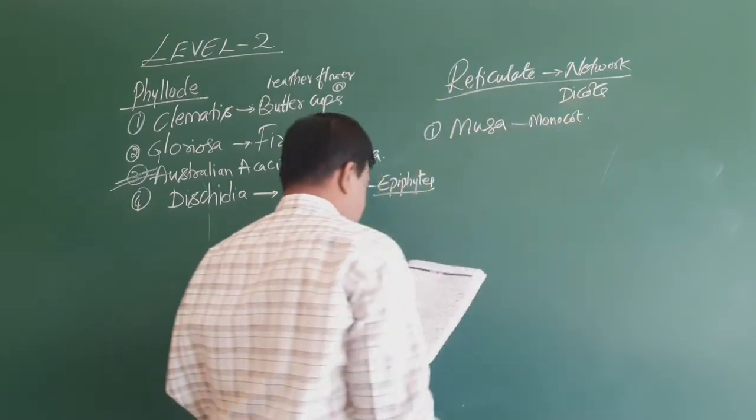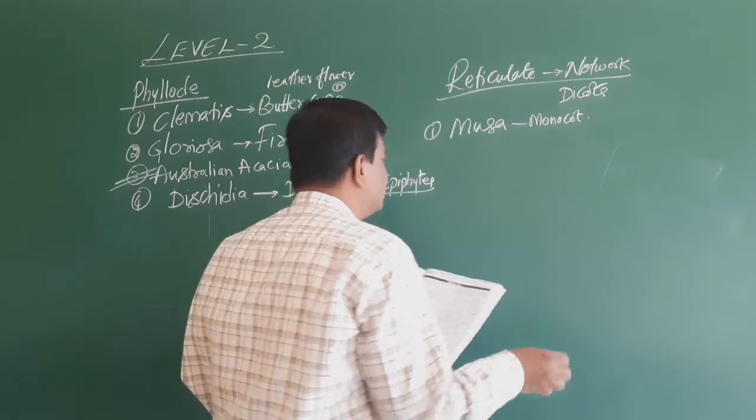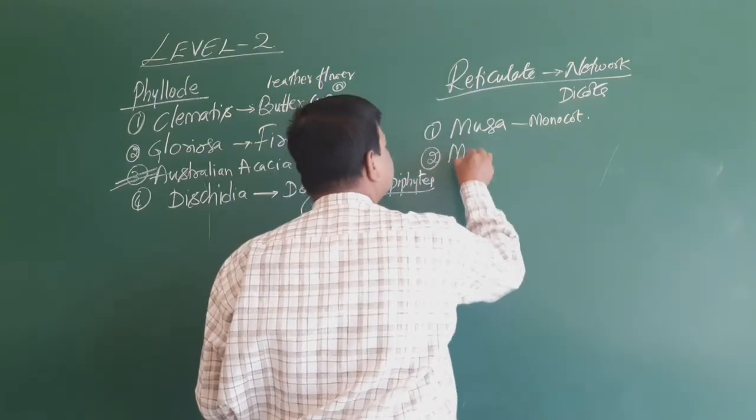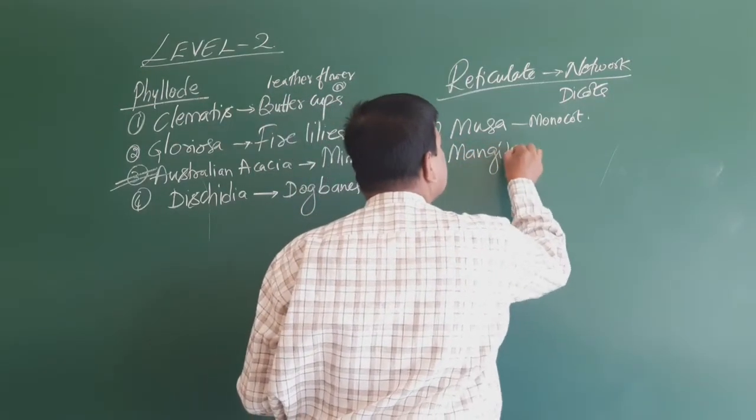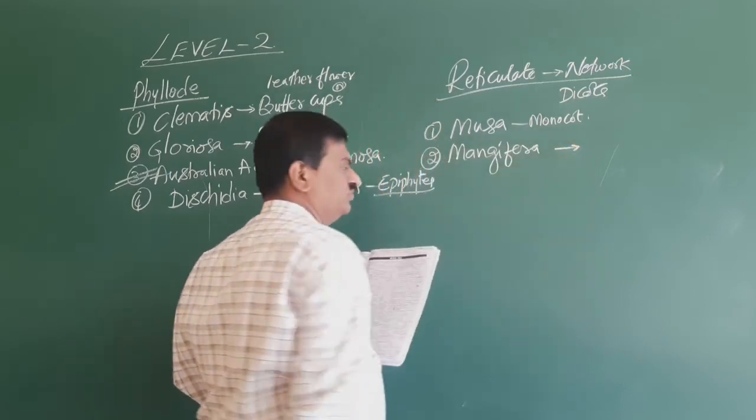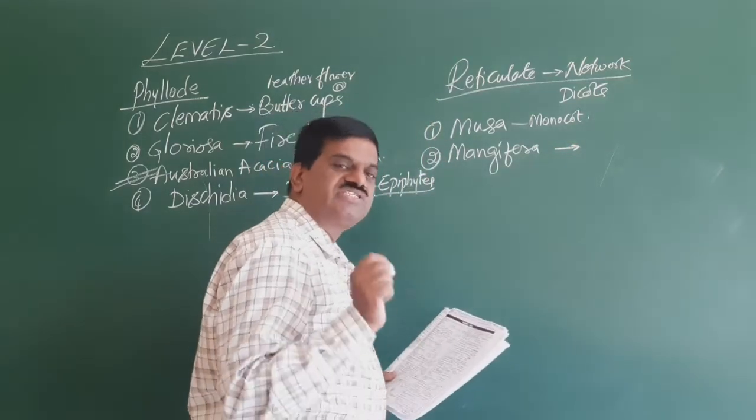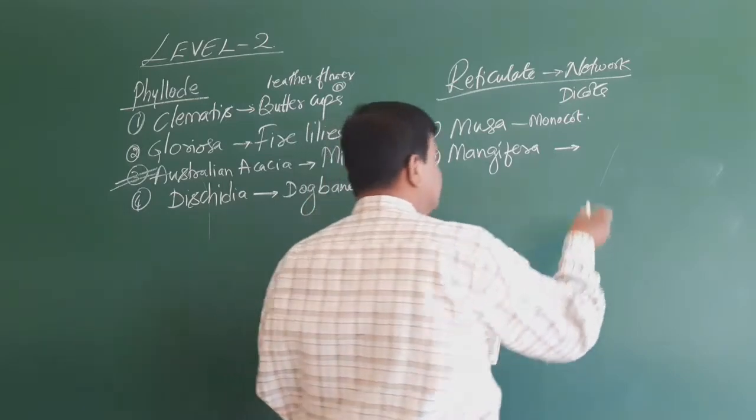We go for the second one, Mangifera. Mangifera indica is mango and it is a dicot.